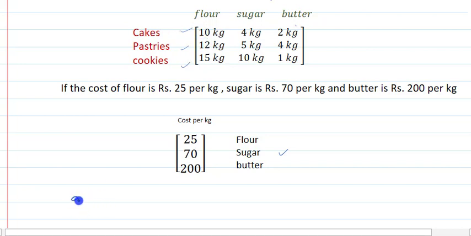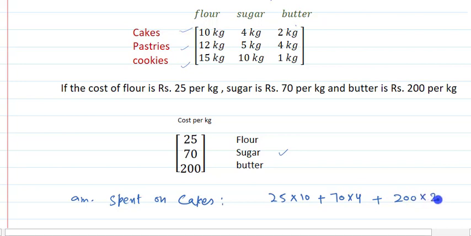So if we need to calculate the amount spent on cakes, then we can calculate it by 25 multiplied by 10 plus 70 into 4 plus 200 into 2, and this total will give us the total amount spent for preparing cakes.